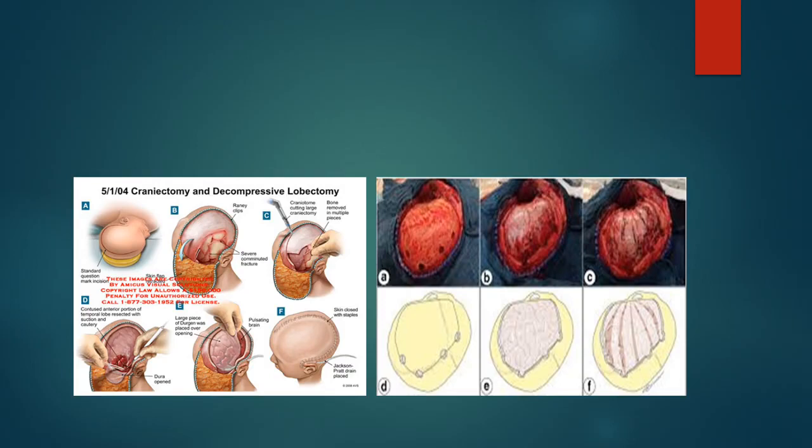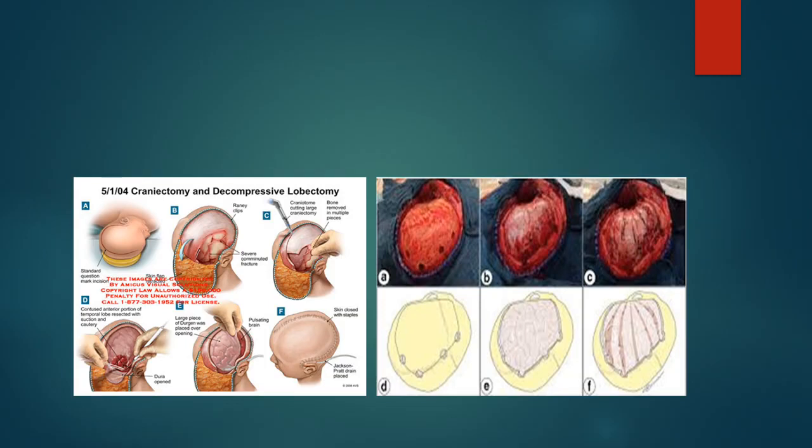So basically these are bar holes that we've been explaining, okay. And then the bone flap is taken off, the dura is exposed, and then the dura is opened up, okay. And then after you've done all that you've done, then you close the skin.